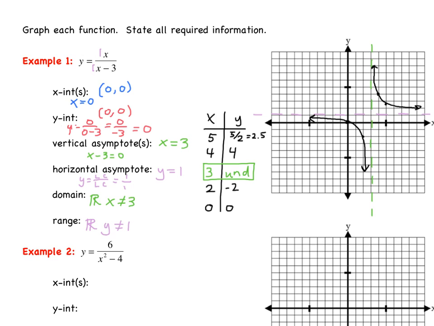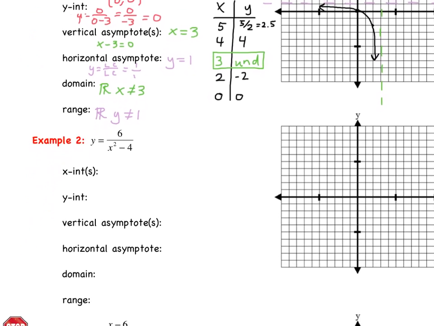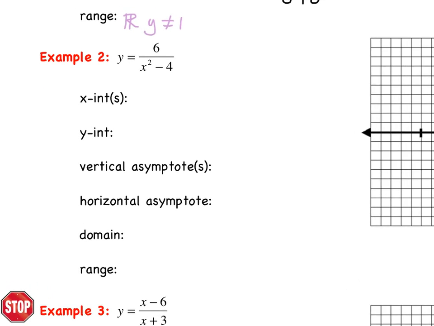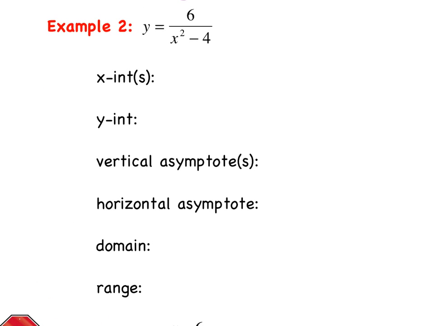Okay, so zooming in on example 2 of y equals 6 over x squared minus 4. The first thing we should notice is this x squared minus 4 should look awfully familiar to us. And we should recognize that it's a difference of 2 squares.